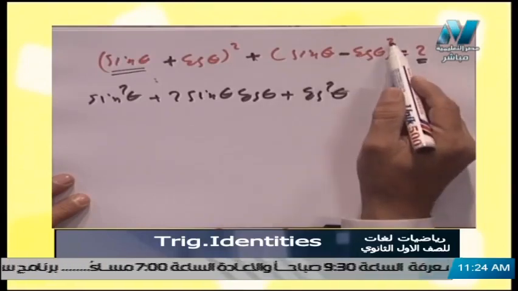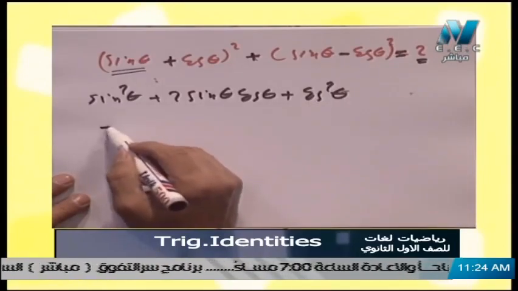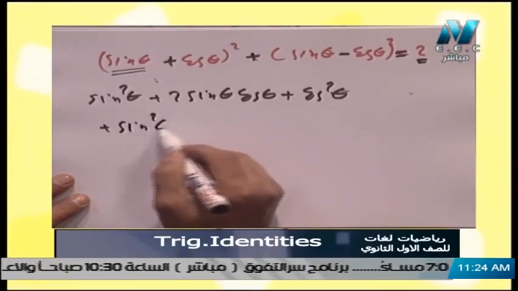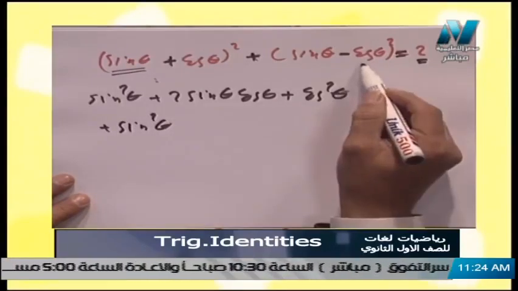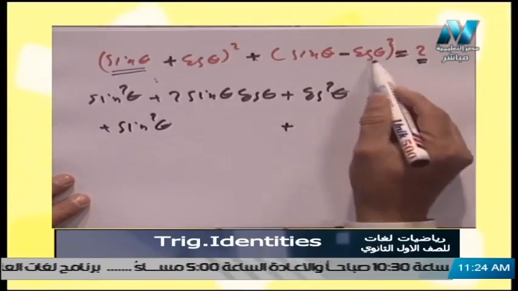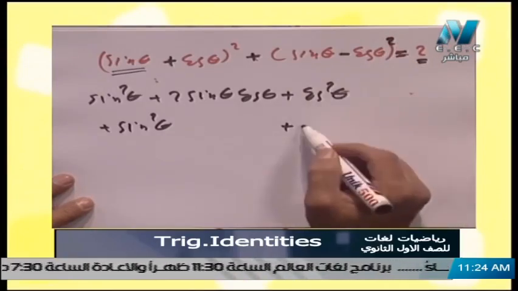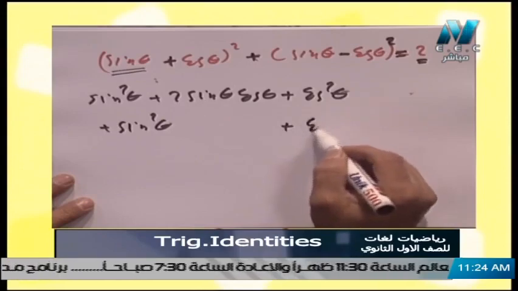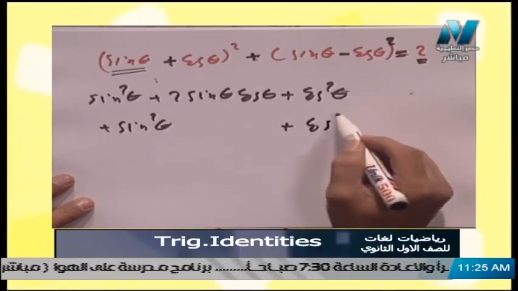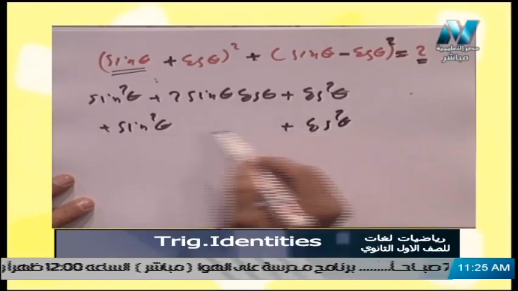Sine power 2 theta, and this part will be negative cosine. When we square it, it will be positive, so it will be plus cosine power 2 theta.